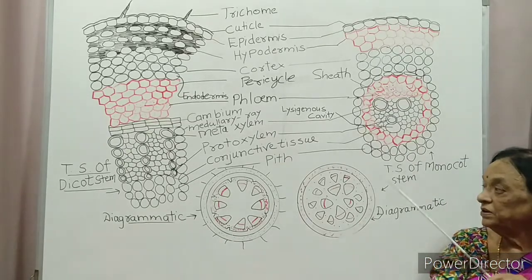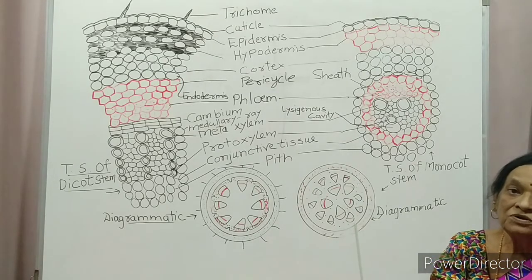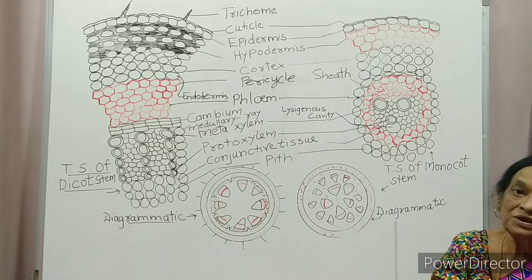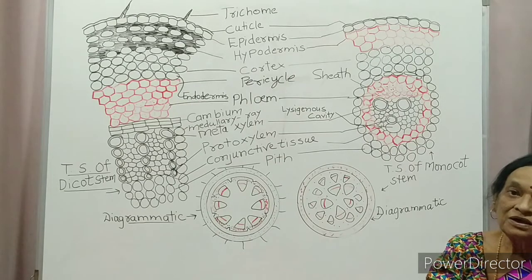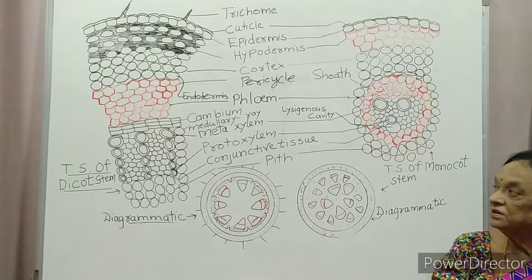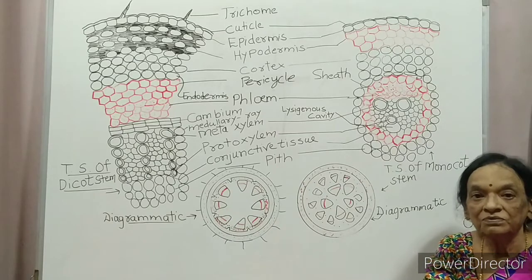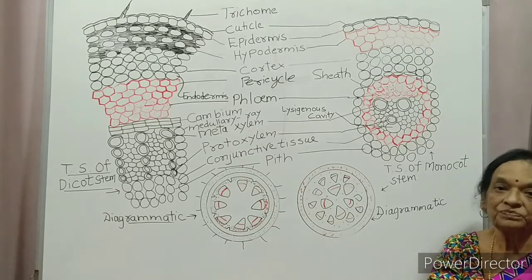So due to formation of many cells of phloem and xylem, the thickness of the stem increases and it is called secondary growth. So secondary growth is a characteristic feature of dicot stem.